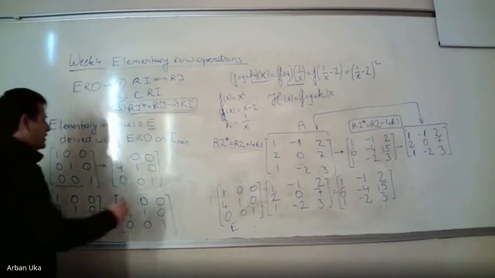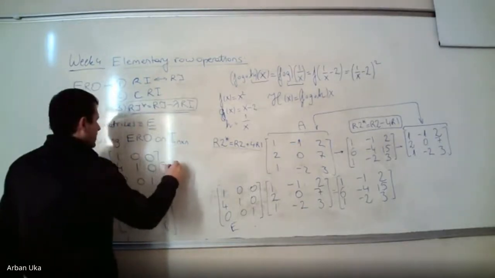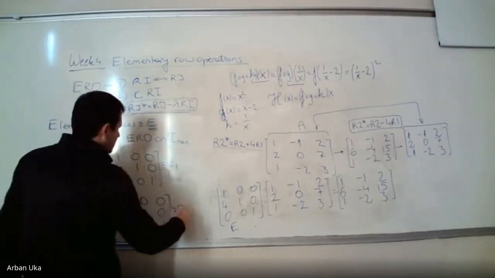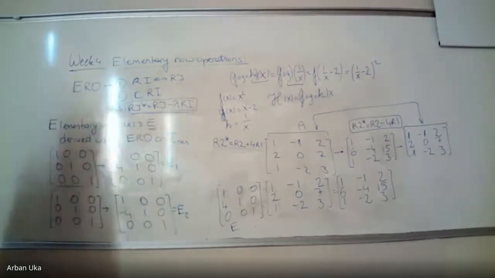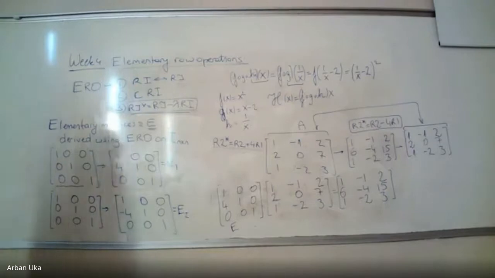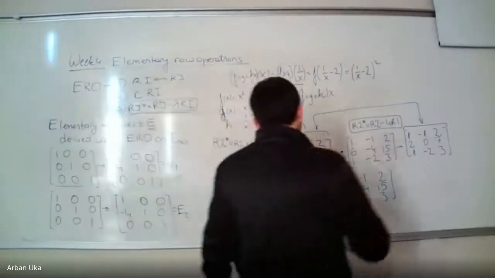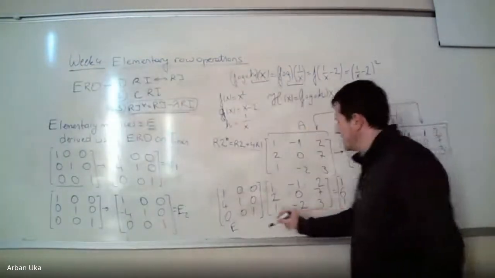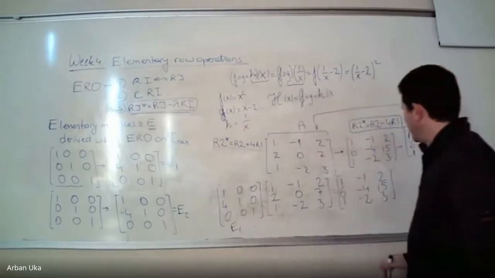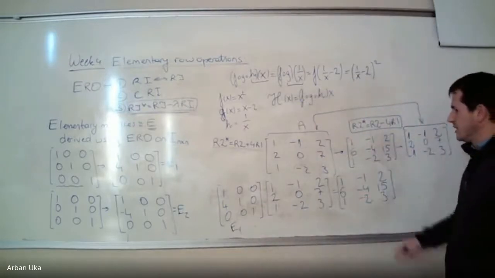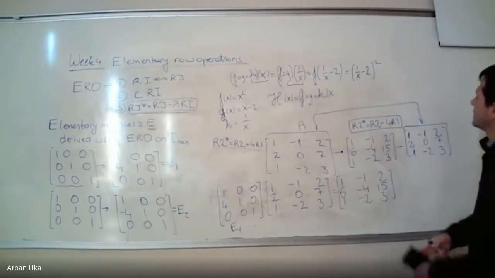So let this be E1, elementary matrix E1, and let this be elementary matrix E2. So if we multiply this result with E2, what could we get?